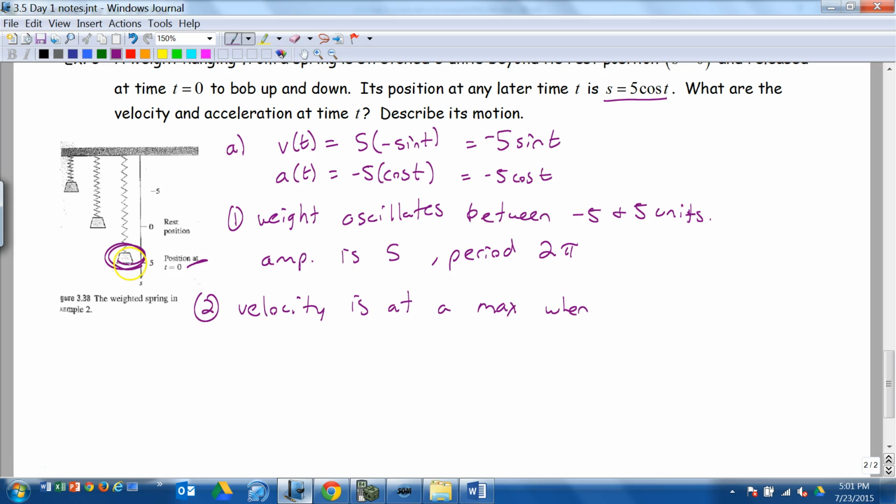Because think about it. The weight is not moving at the top or the bottom because it's changing directions. So it has to be moving its fastest right in the middle. And also, if you think about a curve, the slope is the fastest on a sine or cosine curve right in the middle, not at its crest or trough. So velocity is at a max when position is 0.